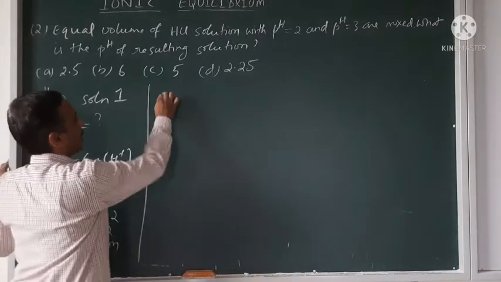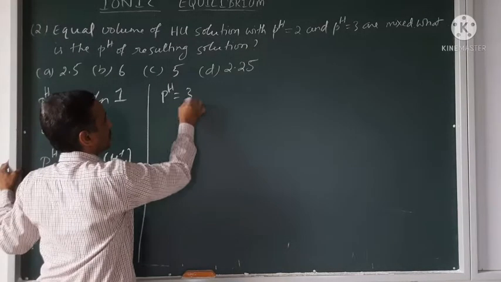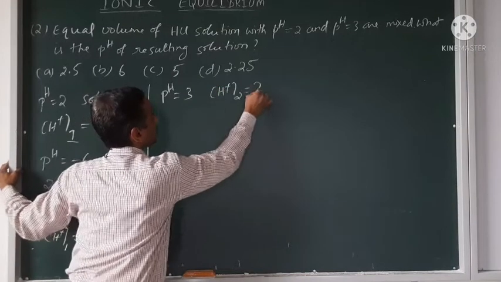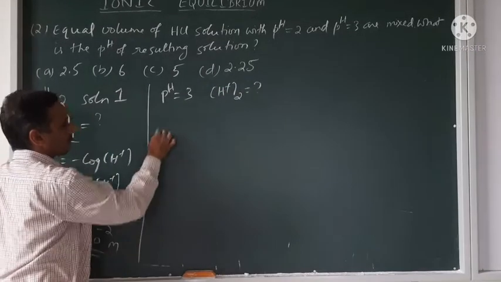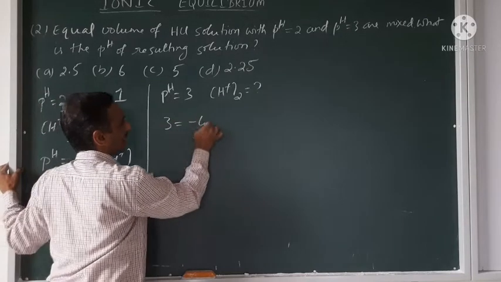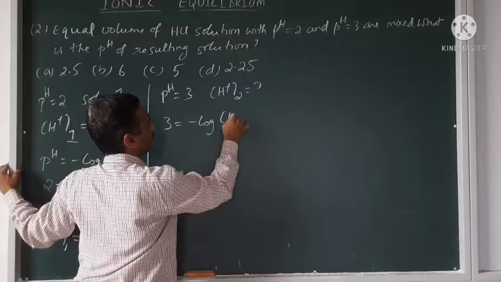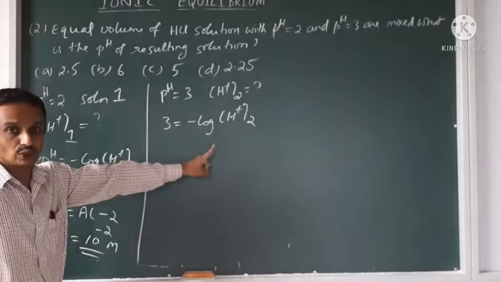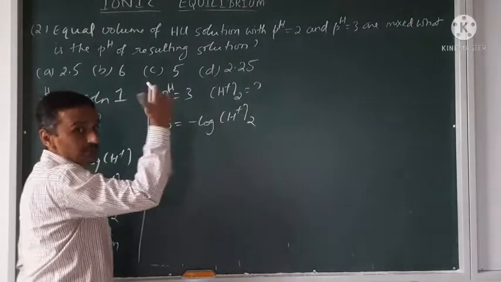And H plus of the first solution is this one, 10 to the -2. Now, at pH equal to 3, I take the H plus concentration of the second solution. So what happens here? 3 is equal to negative logarithm of H plus concentration of the second solution. Second solution is not 2 times.